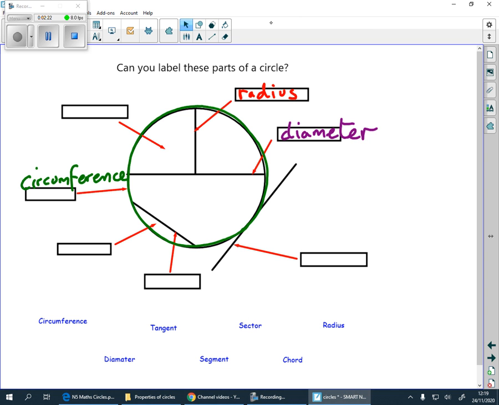Now, some of the ones you may not be as familiar with. A line joining 2 points on a circle is known as a chord. A line that touches the edge of a circle at a point is called a tangent.